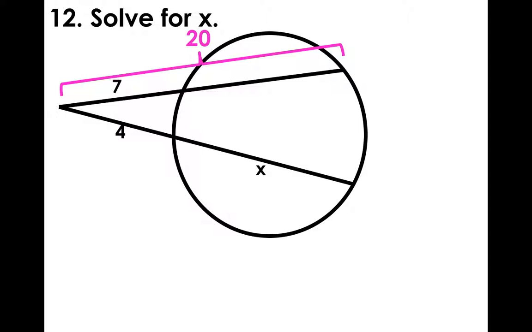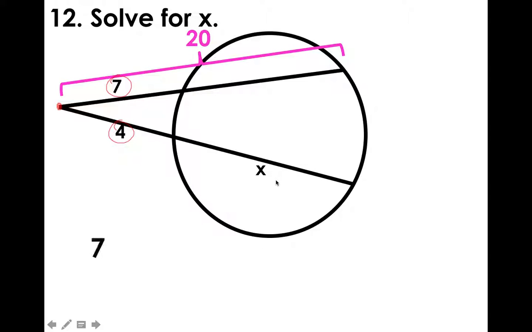If you notice right here, think back to what we're saying. The rule says that if I have two secants that meet at the vertex outside of the circle, then I can take the outside times the whole length of one secant and equal that to the outside times the whole length of another secant.